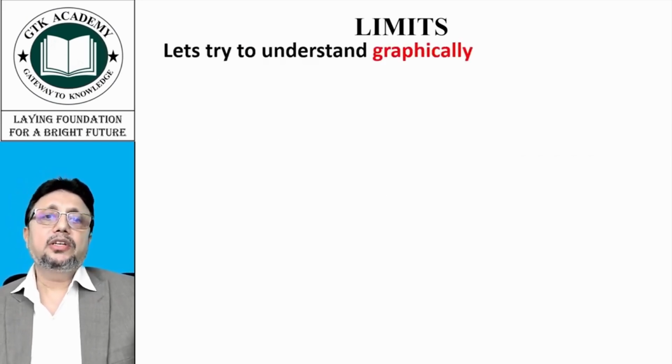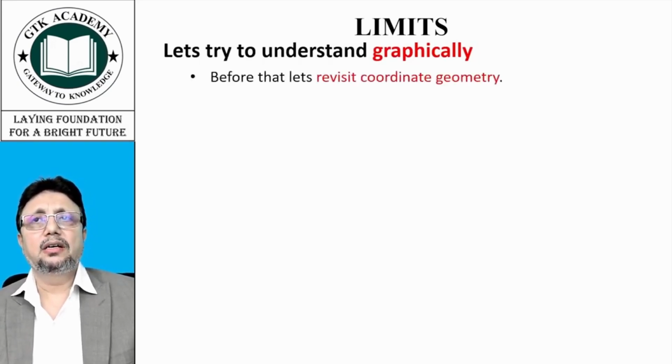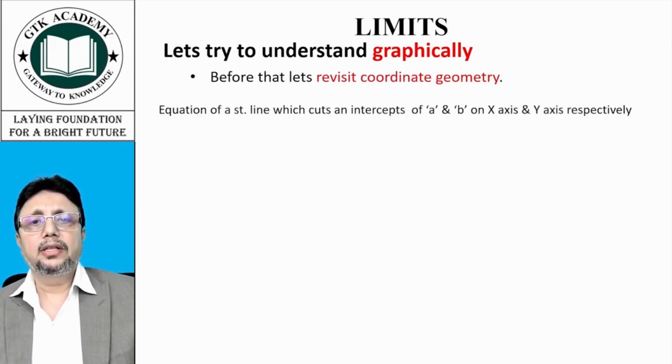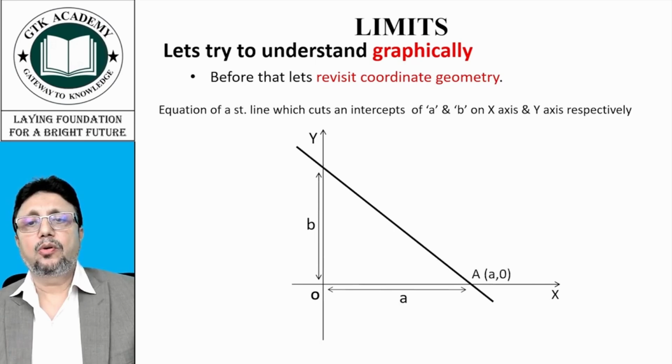Now, before we try to understand graphically, let's revisit a very small concept from coordinate geometry. We must know that any line which cuts intercepts of A and B on the x-axis and y-axis respectively, passes through (A, 0) and (0, B).